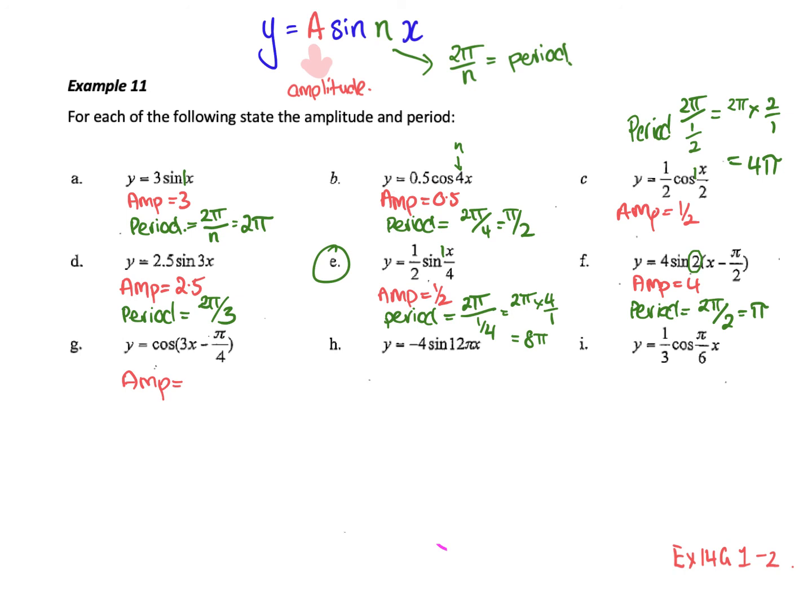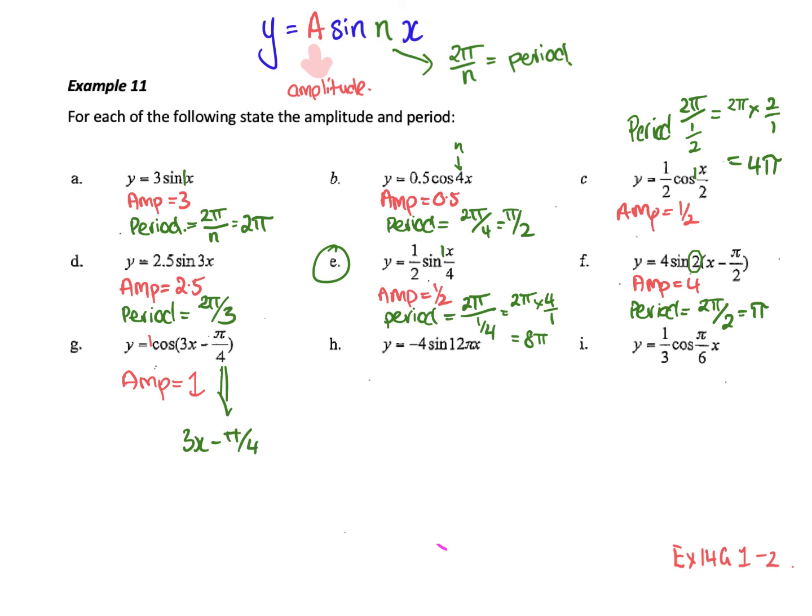All right, so the amplitude of this one, because there's only a 1 there, is actually 1. And with the period, we have to remember that this is not just 3x minus pi on 4, it's been multiplied.